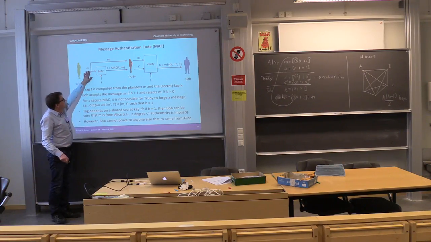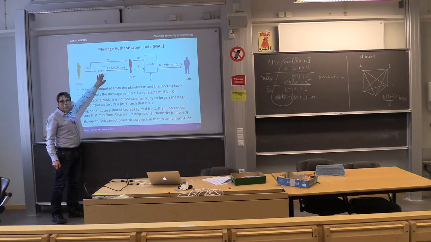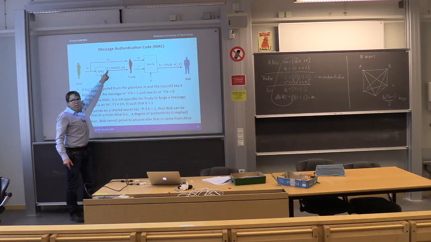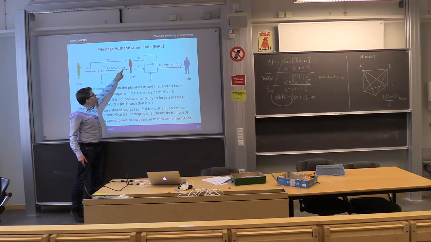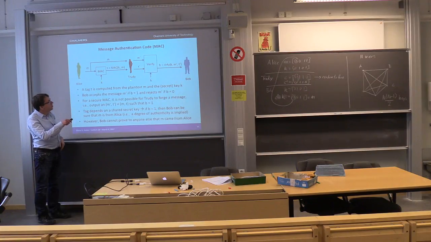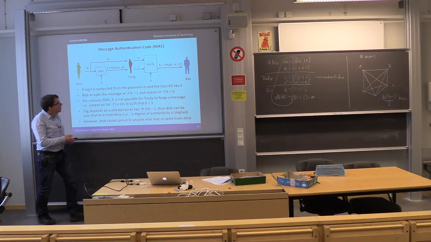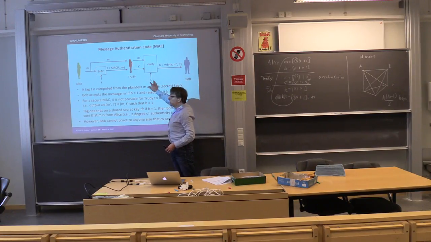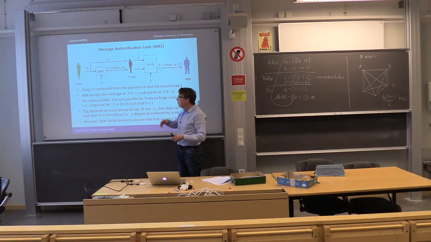We have the plain text, and then we have some type of encryption here called the MAC code that is driven by a key K. And it produces a tag T, which is a function of the plain text and the secret key. This secret key is a secret to Trudy. However, it's not a secret to Bob. So Bob knows K. So this is almost like the symmetric cryptography we had before.